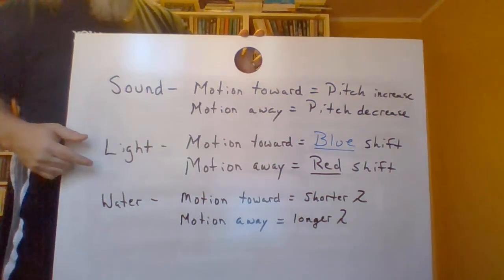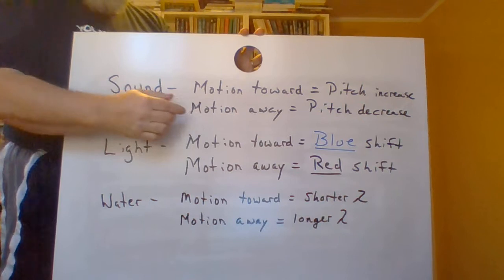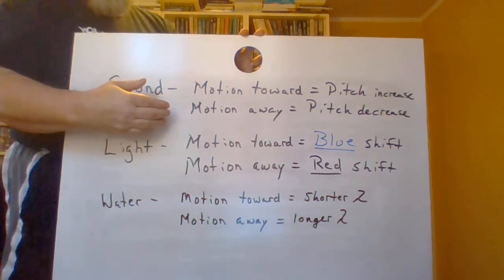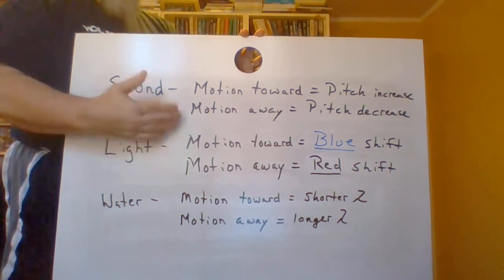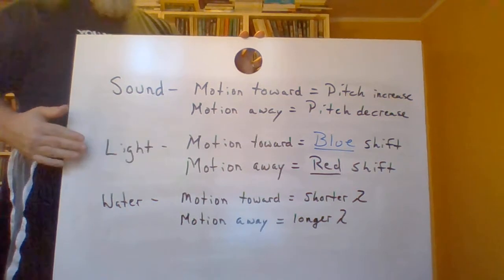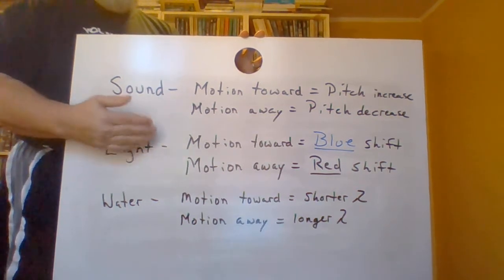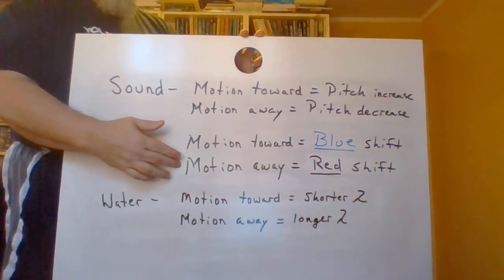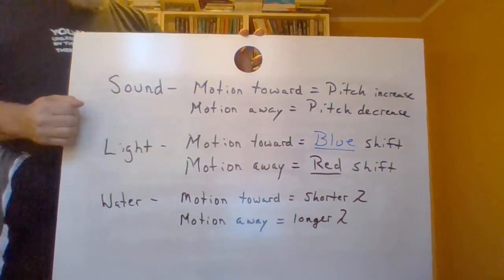For light, all right? If the motion is toward, if a star is moving toward us, okay, we have to talk about it in those terms because the speed of light is so high, you have to have relatively high velocities to really notice any shift in the frequency of light.